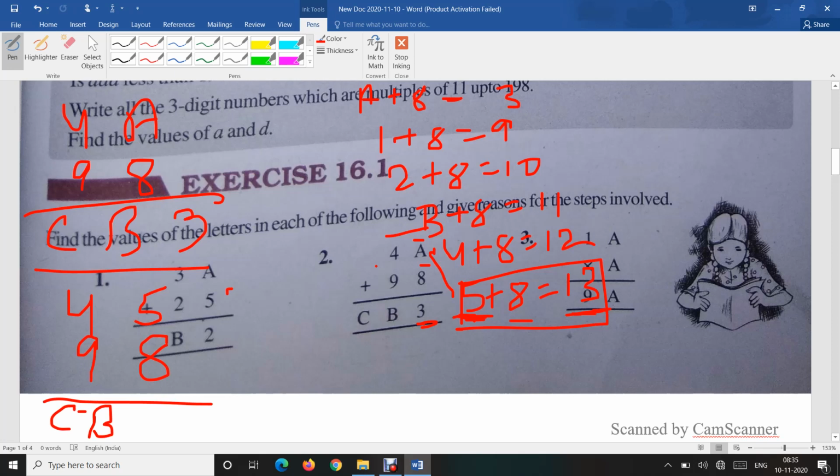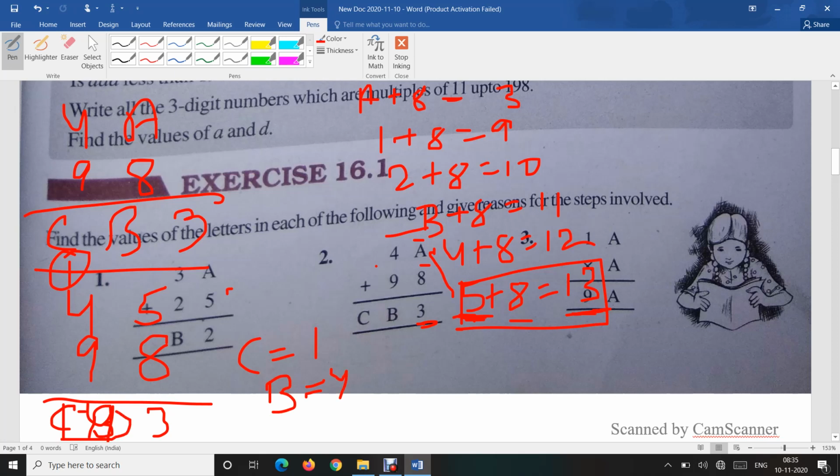Then 5 plus 8 is equal to 13. Then 1 carry forward. 9 plus 1 is 10, 10 plus 4 is 14. That means it can be 1 and it can be 4. That means there is a possibility that C could replace 1 and B could replace 4.